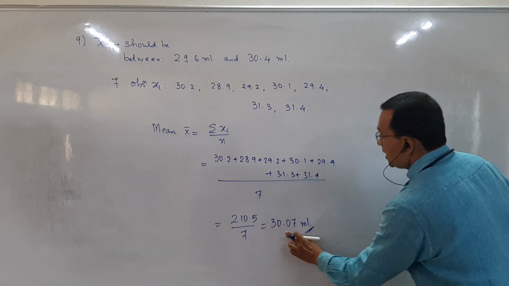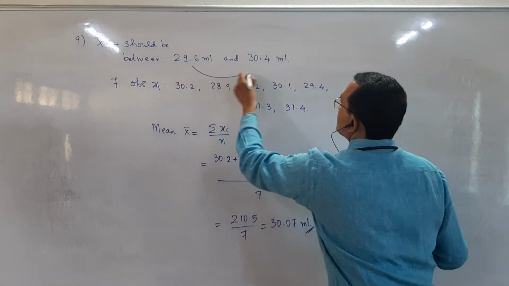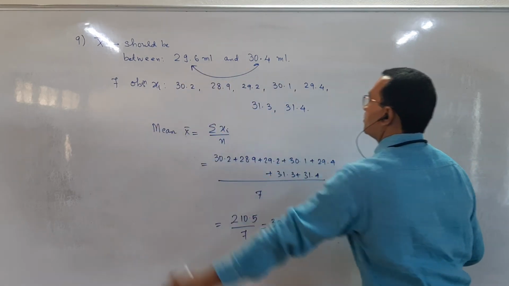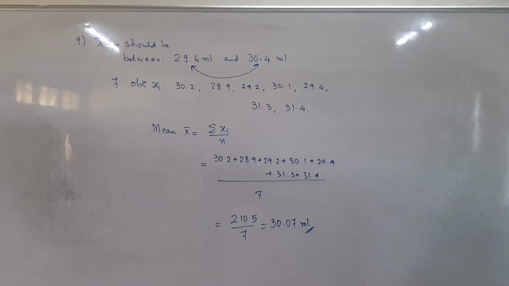So if your mean is between these two values, then the machine is working properly. Of course, 30.07 is inside the limits. So we can definitely say that the machine is working properly.